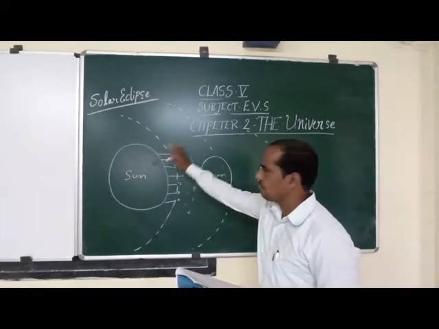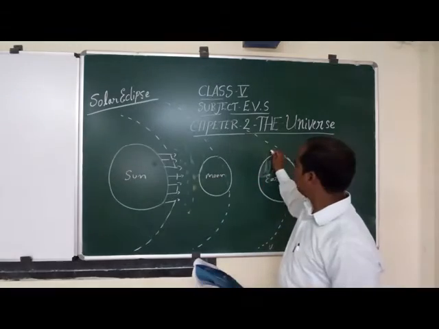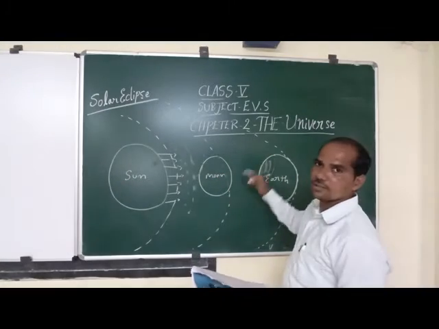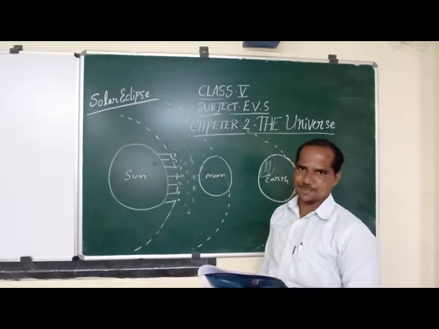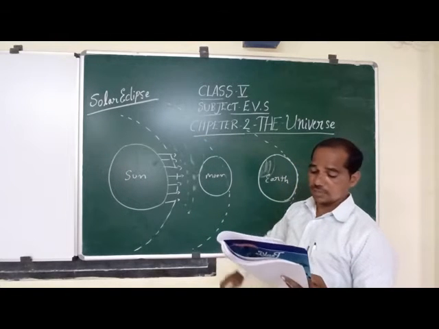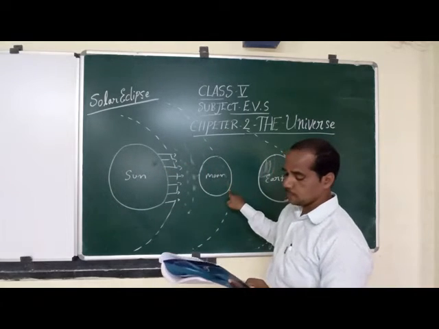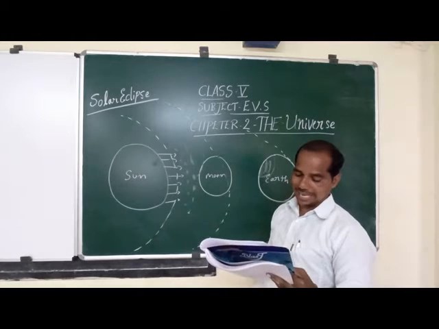If the sun is blocked by the moon entirely, the moon's shadow will fall everywhere on the earth. Then we see the total solar eclipse. If the entire disk of the sun is blocked by the moon, then it's called a total solar eclipse.